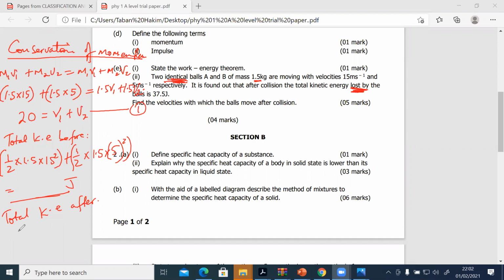So after collision, we shall have a half times 1.5 times V1 squared for one body, plus a half times 1.5 times V2 squared for the other body. And since the half and 1.5 are the same all through, it's the same as 0.75 times V1 squared plus V2 squared.